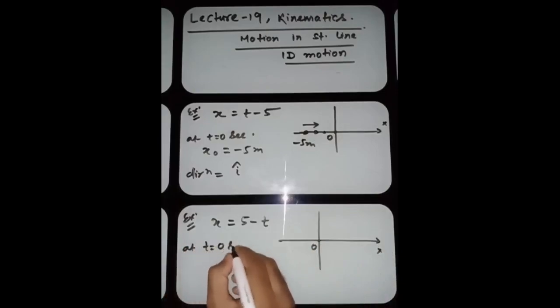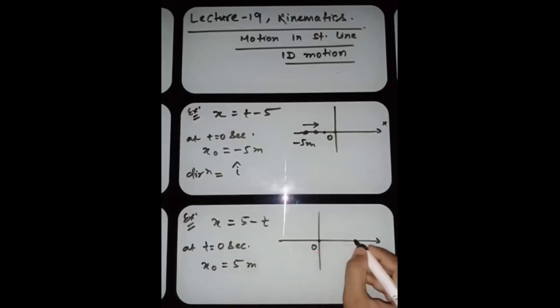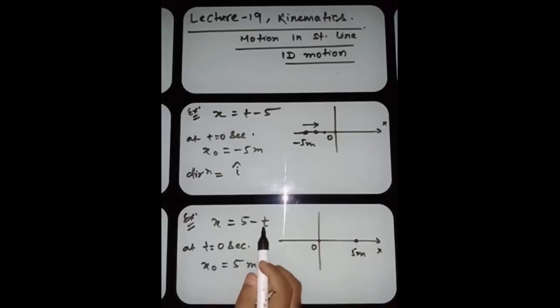At t equals 0 seconds, x will be how much? 5 meters. From the origin, it is at 5 meters. As you increase the time, suppose it is 0, all right, it is 5 meters. If you put here 1 second, that is t equals 1, then you will find it is 4. Putting 2, you will find it is 3.